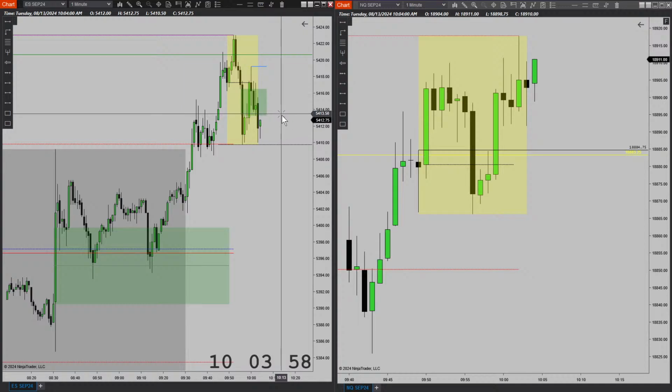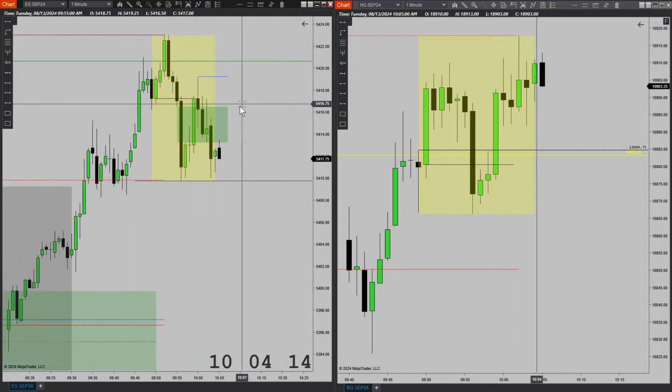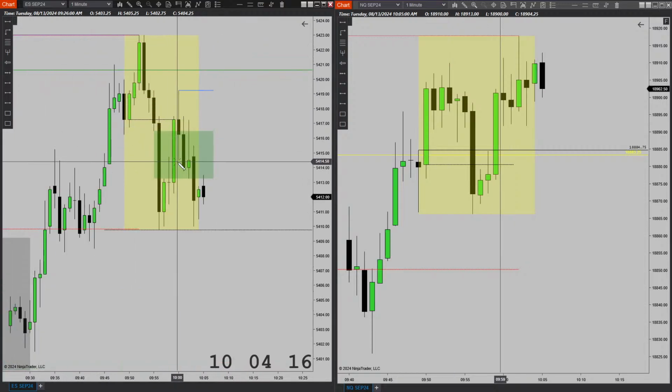Couple more seconds. We just left a tiny gap here. So let's see what price does now. Yep, this is the type of entry I wanted.